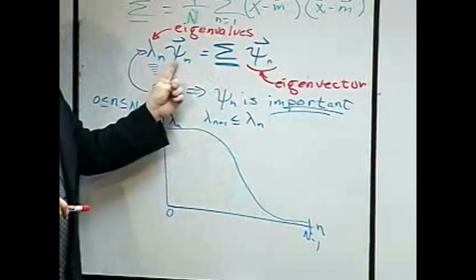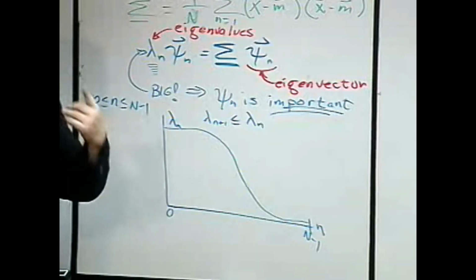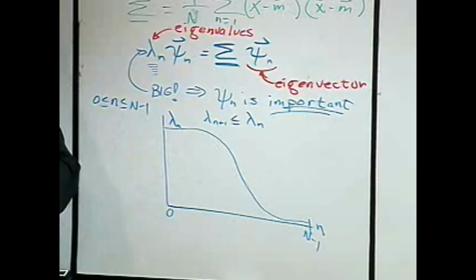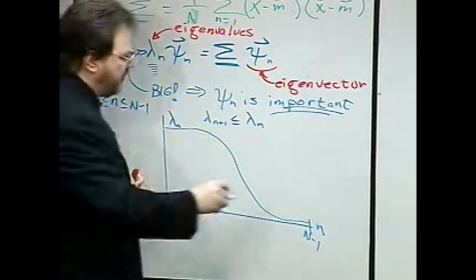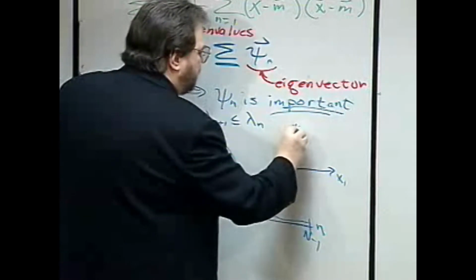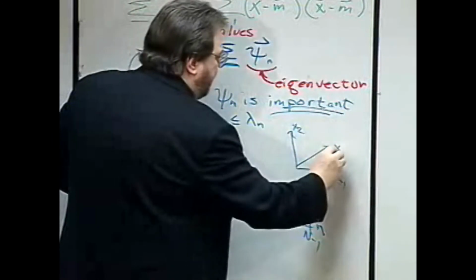What the eigenvectors do is describe a new coordinate system for you. They are orthogonal to each other. Originally you might have x1, x2, and x3.